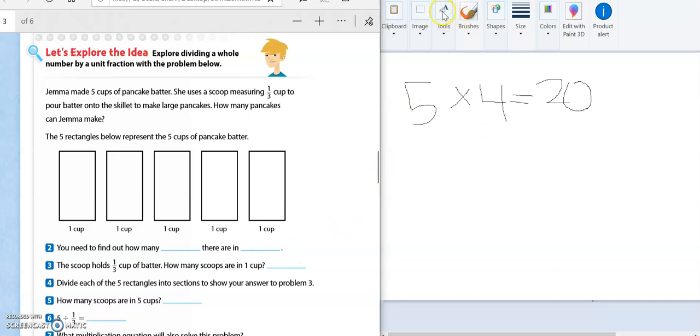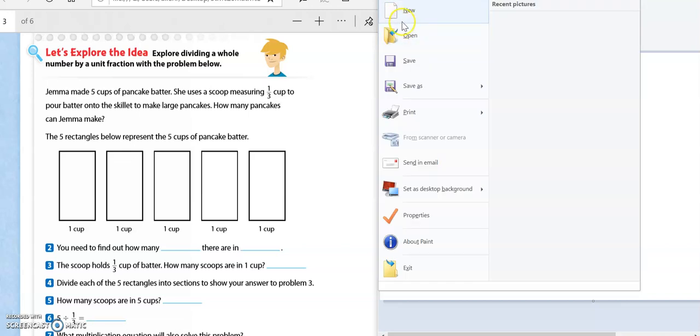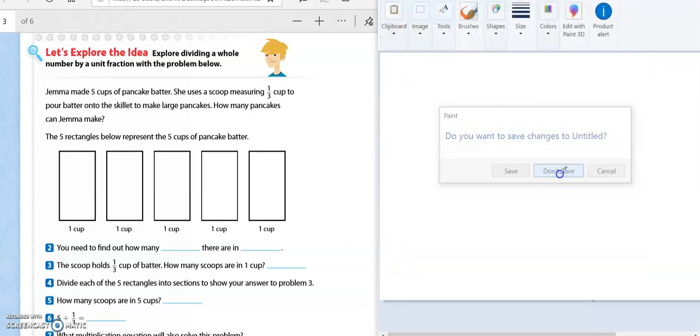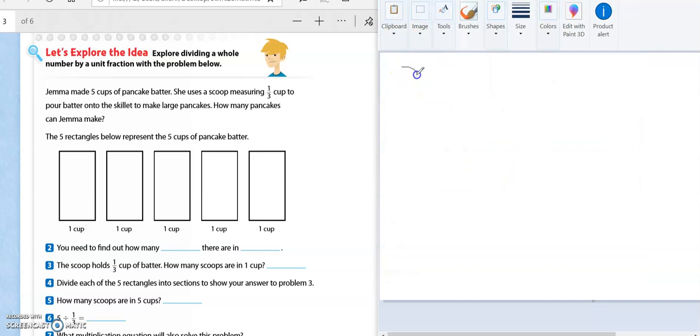Okay, so I'm going to use my tools button here. So for number 2, I'm trying to find out how many 1/3 there are in 5 total cups. How many 1/3 are there?